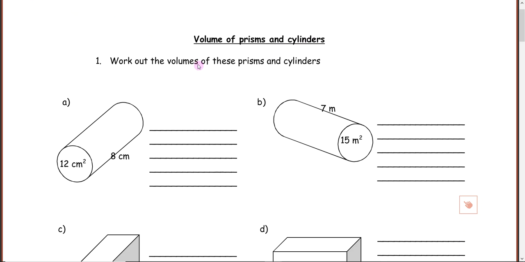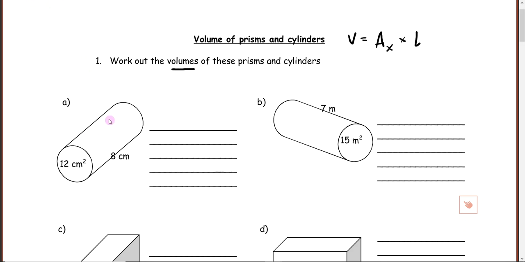Remember we said the volume is the cross-sectional area, so I can put A, and a little cross for cross-section, multiplied by the length, or the height, or whatever you want. So all we need to do is find the cross-sectional area and then multiply it by its length or its height. And in all of these questions, to be honest, you've been given the area.